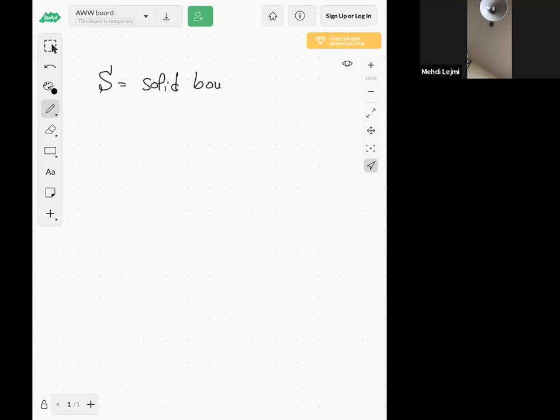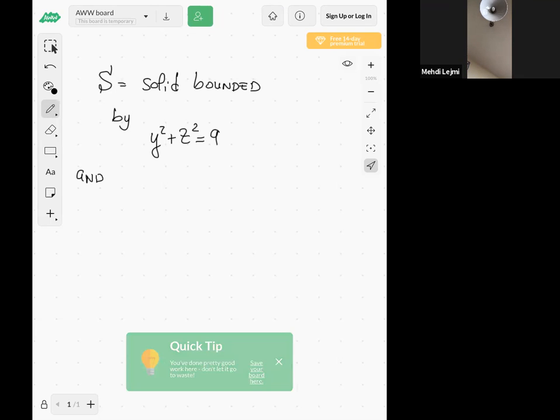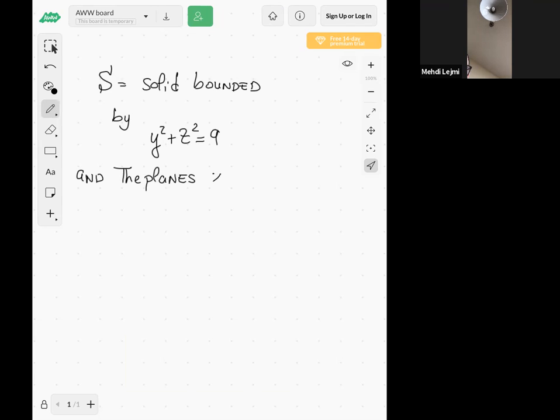So the solid is bounded by the cylinder y squared plus z squared equals 9, and the planes x equals 0, z equals 0, y equals 3, and y equals 3x.